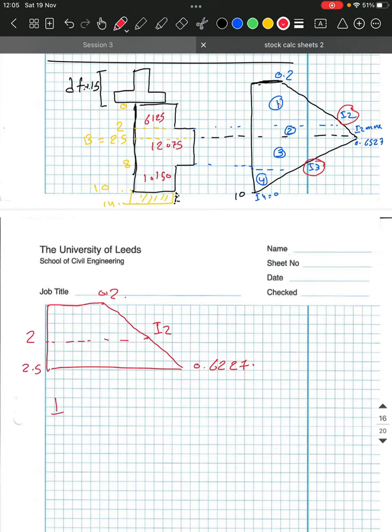Now I could say that I2, the slope of the line, equals IZ max minus 0.2, over 2.5, multiplied by 2, all of that plus 0.2.